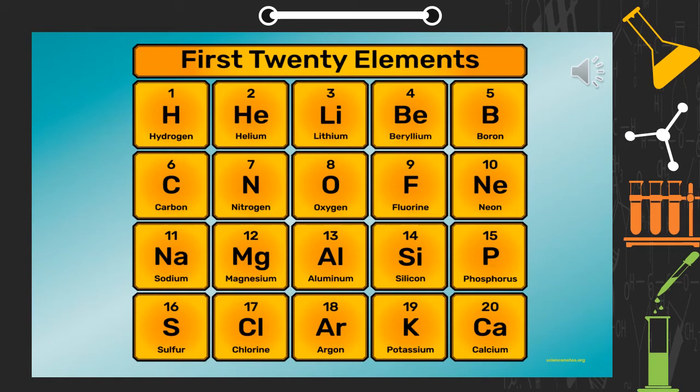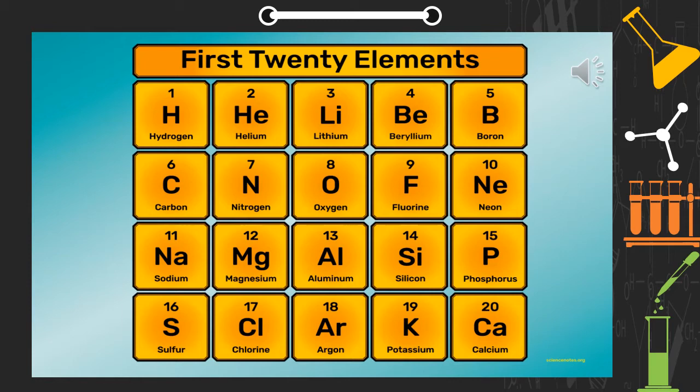Here the first element is hydrogen, which is represented by the symbol H. The second element is helium, represented by He. If you see, the first letter is always a capital letter and the second letter is a small letter. This way the elements have been given their symbols, and with the help of these symbols there is also a method of finding out the formulas for the compounds.